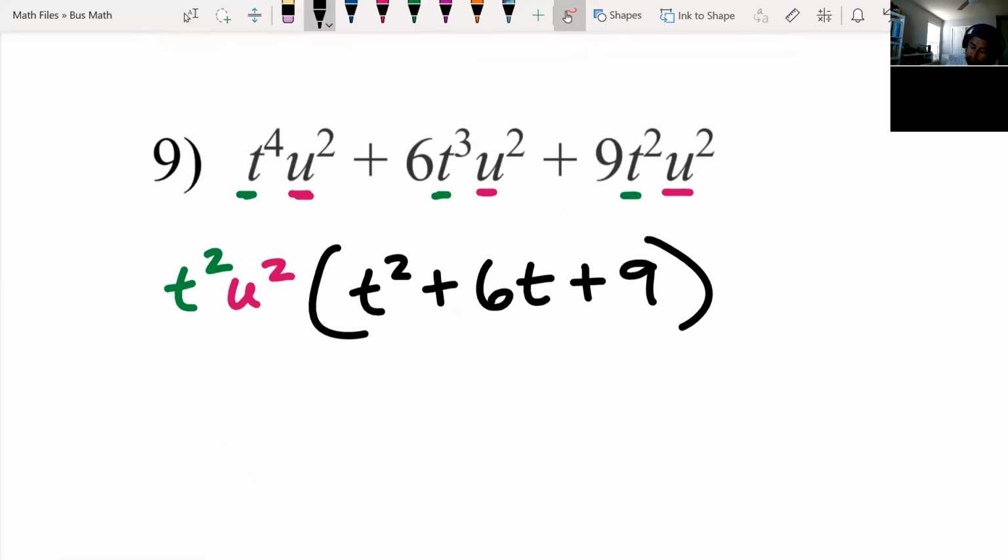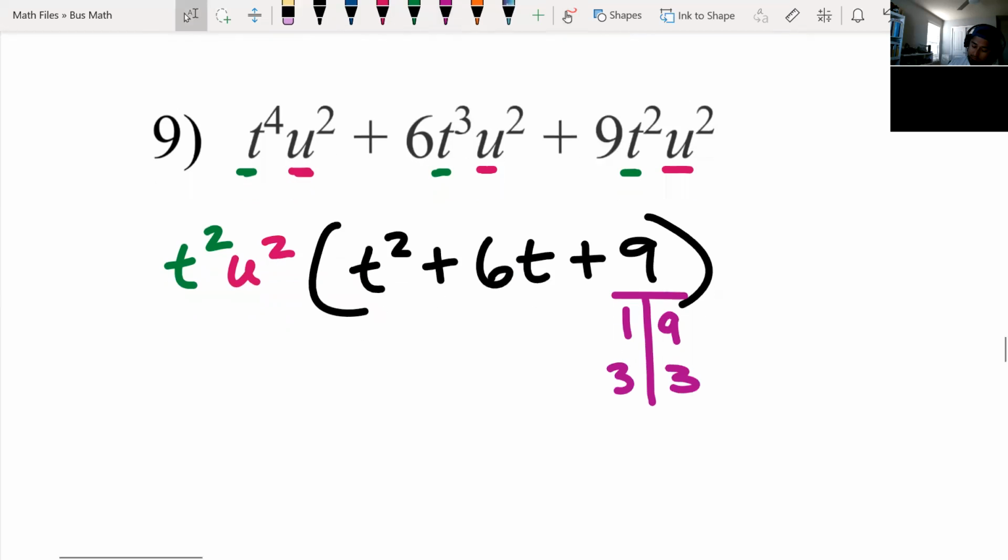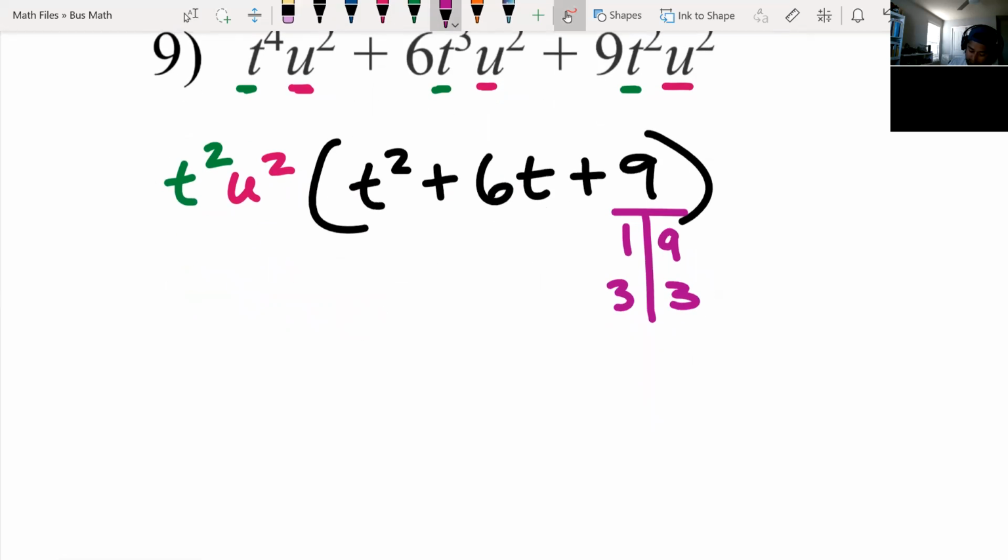Okay. Which means, again, the inside trinomial is in the form that we need. The power is 2. The leading coefficient is positive. It's a positive 1. And all we have to do is list the factors of 9. 1 and 9, 3 and 3. Who's getting us to 6? 3 and 3.